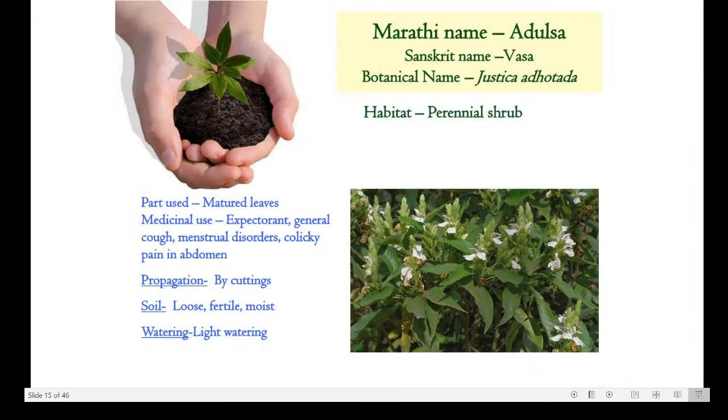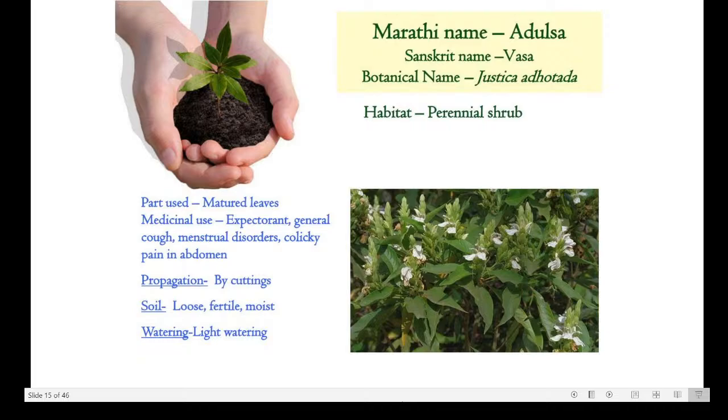The next one is Adathoda. Vasica is its name. Adathoda is a Tamil name. It's a fully South Indian plant, found first in Tamil Nadu, because Ada means goat and Thoda means don't touch.